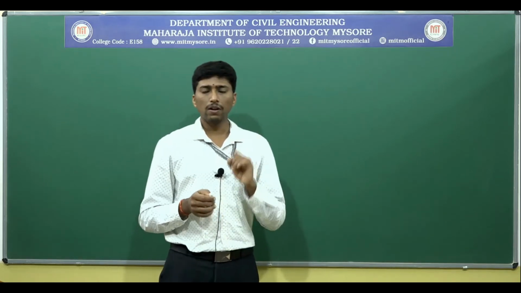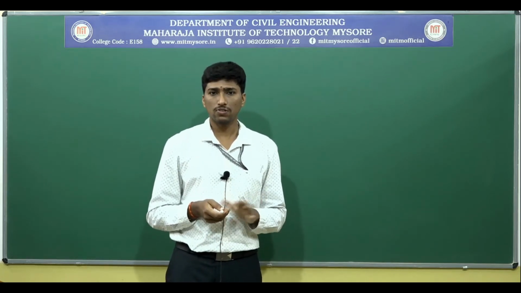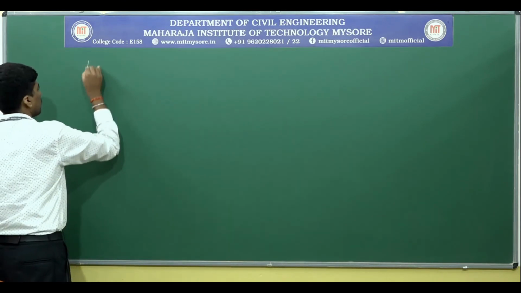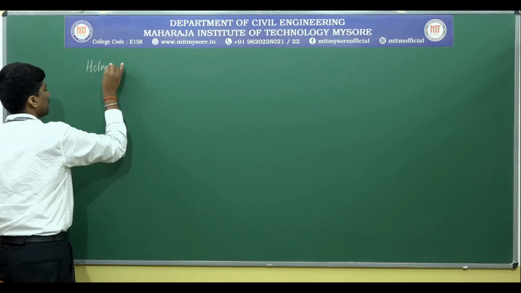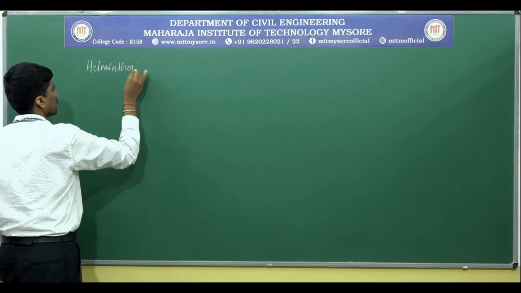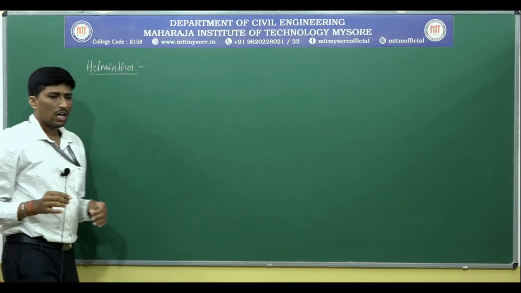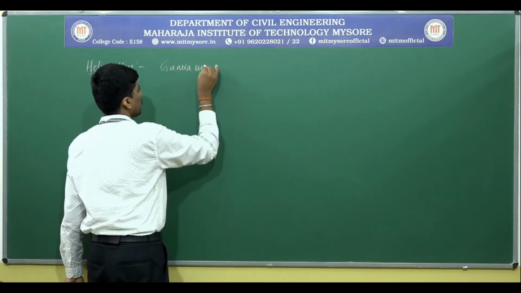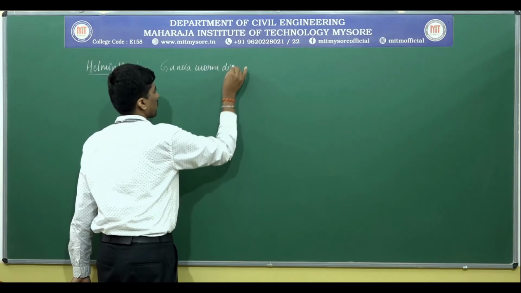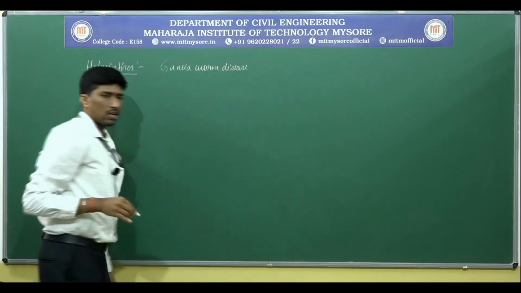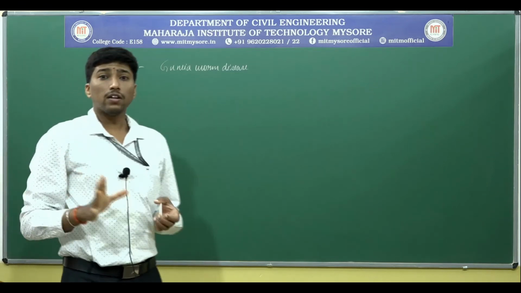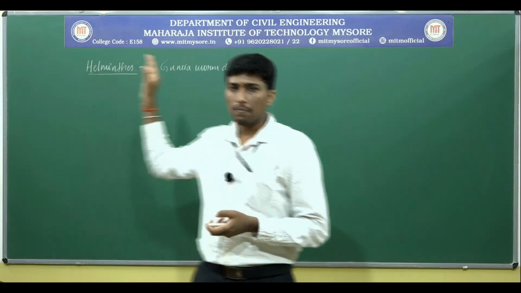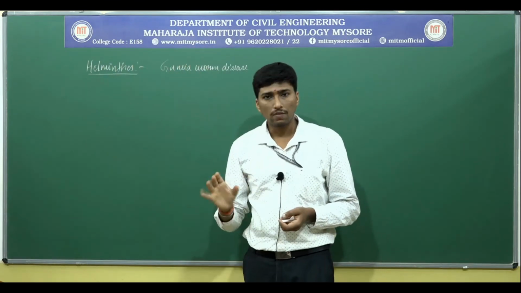Now, the one remaining part which I need to discuss in today's class is related to the Helminth worm diseases. Helminth, or we call it guinea worm disease, like planaria and all those types of multicellular organisms which are invertebrate in nature.